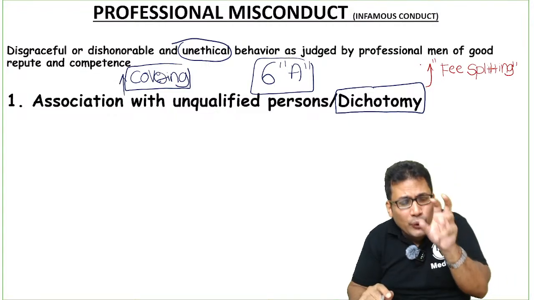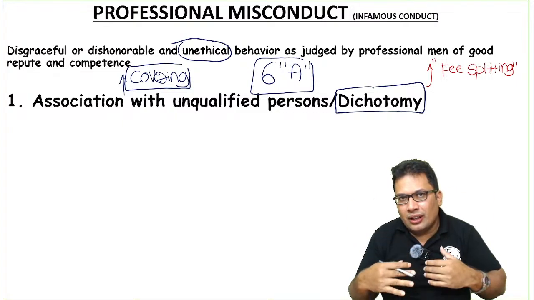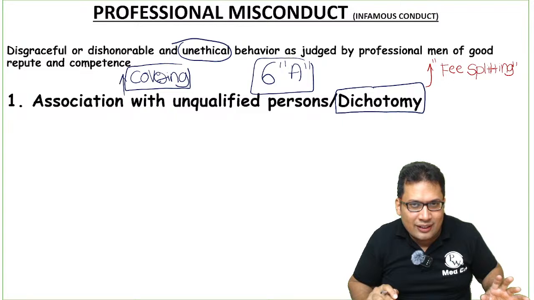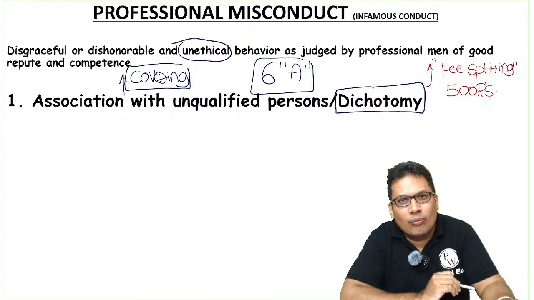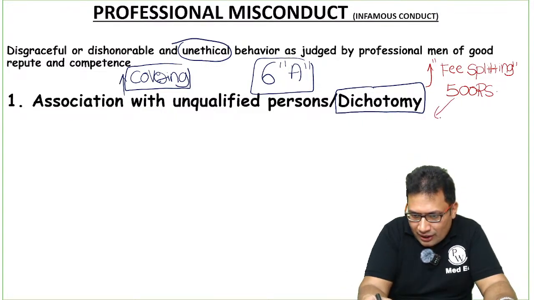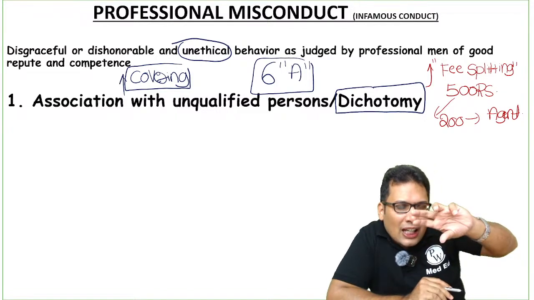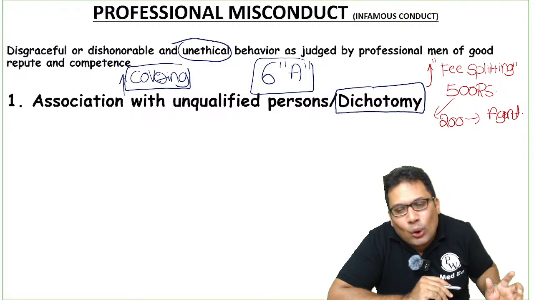In other words, it is taking commission or giving commission in relation to medical practice. For example, the doctor takes 500 rupees from a patient and gives 200 rupees to the agent, the one who brings the patient to his hospital. This type of conduct of a doctor is known as dichotomy.